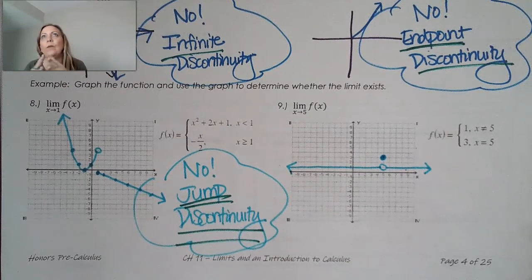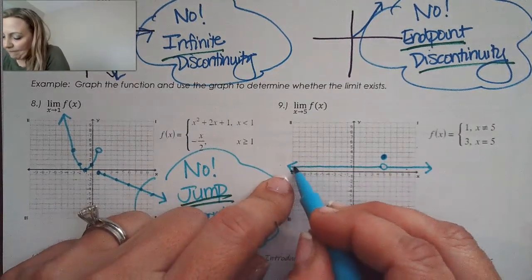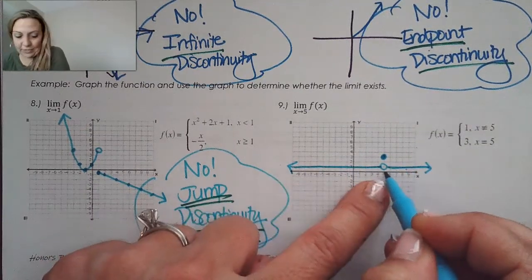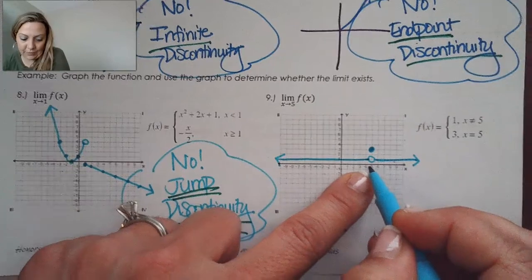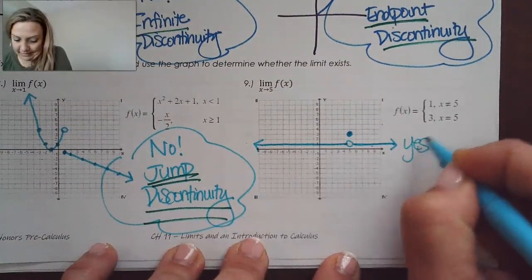Are we approaching the same y value from the left and the right? We are. As x approaches 5 from the left and from the right, it's going towards this removable discontinuity. So yes, this does have a limit.